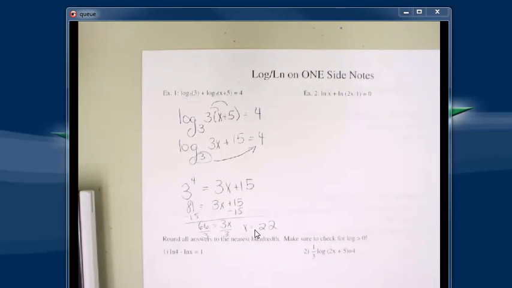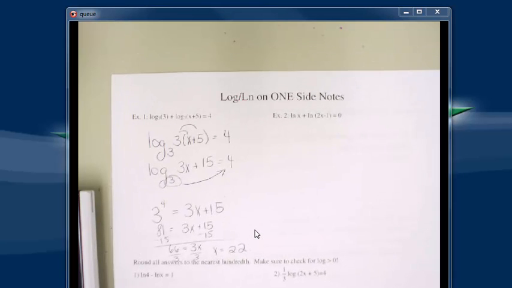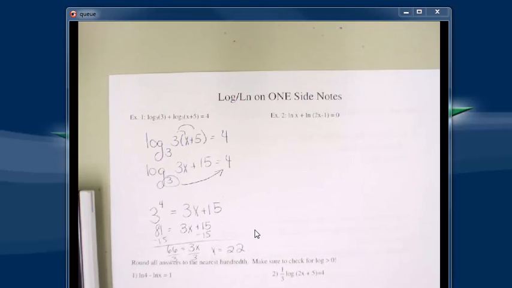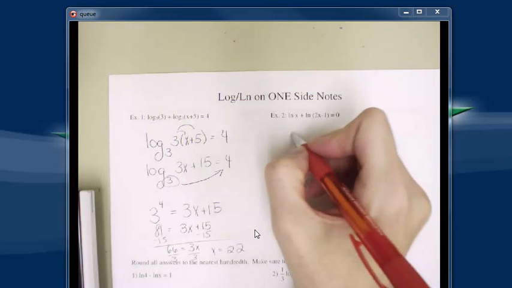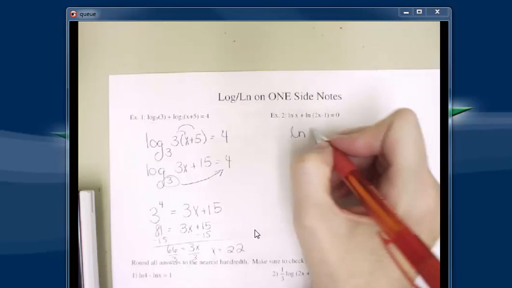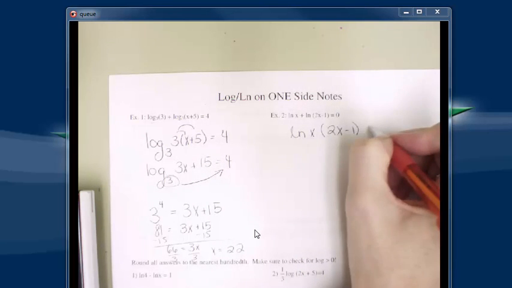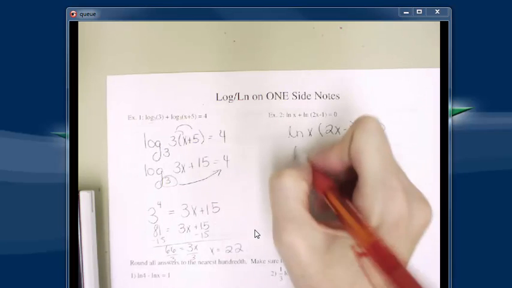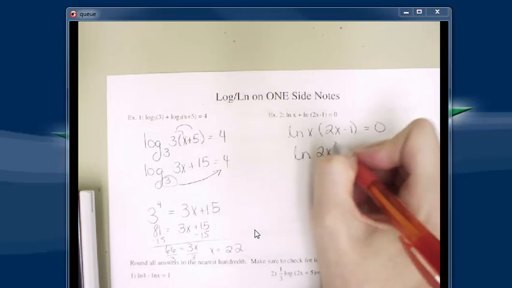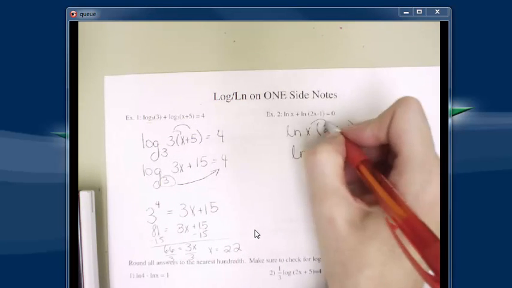Now, let's do another one right here. Now I have natural logs, but that's okay. They work the same way. So natural log of x times 2x minus 1. 2x squared minus x. I've distributed my x through.